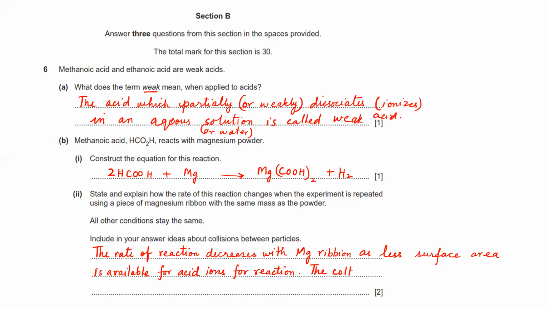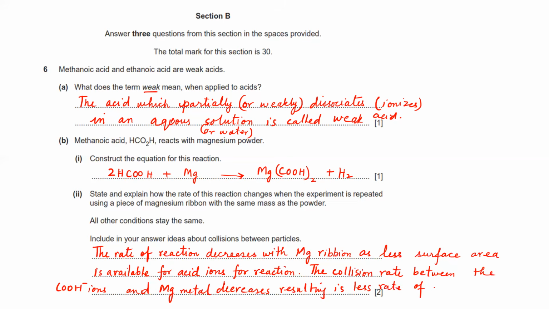The collision rate between the HCOO negative ions and metal decreases, resulting in a decreased rate of reaction.